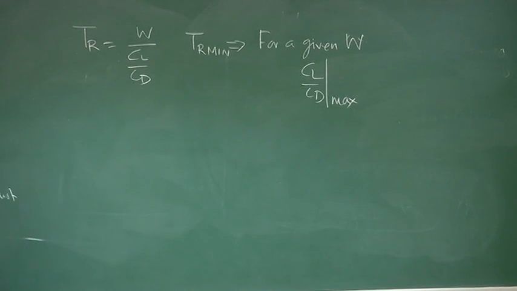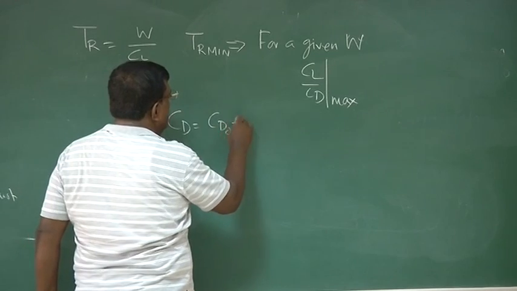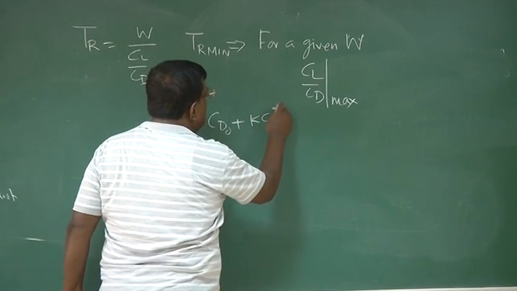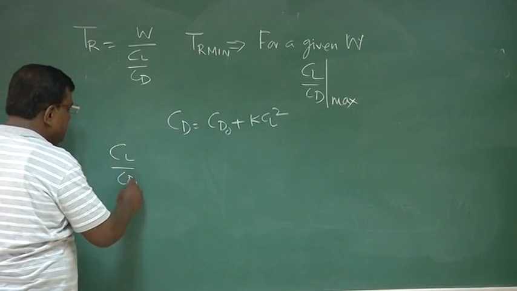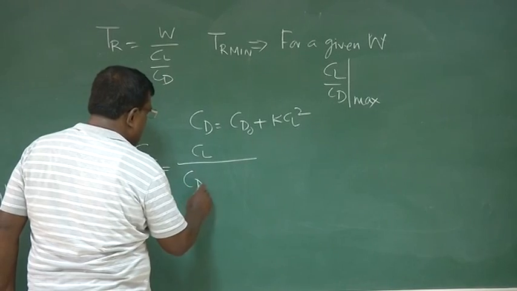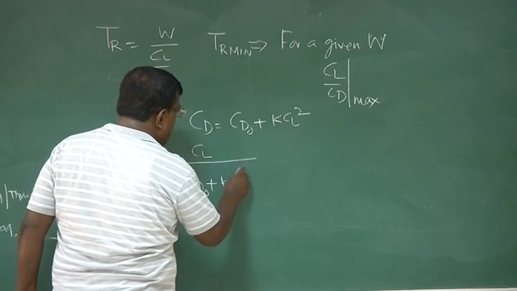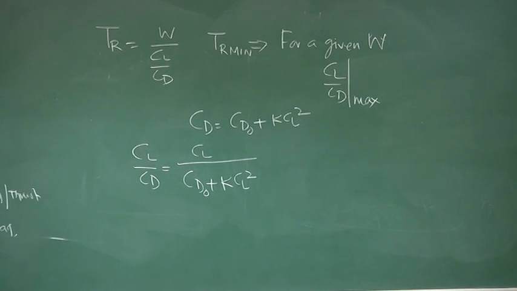What is the meaning of CL by CD to be maximum? We know that CD is basically CD naught plus K CL square. So what is CL by CD? It will be CL by CD naught plus K CL square. So what is the question we are going to ask?